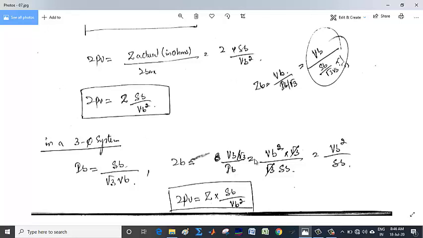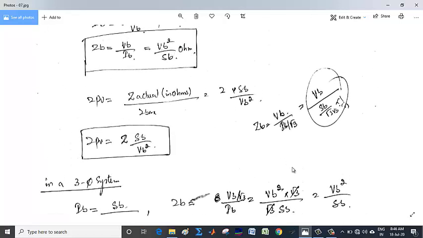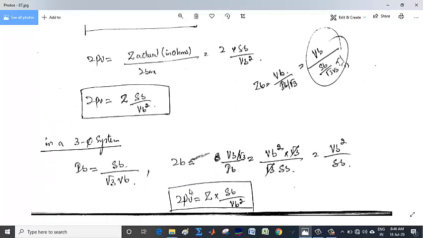So when we put the value of IB from here, this root 3 and root 3 cancel out. It will be equal to VB square by SB. So Z per unit will be equal to Z actual into SB divided by VB square. Here also ZB is the same, as you can see from here. ZB here and here is the same. Whether it is a three-phase system or a single-phase system, you get the same Z per unit.